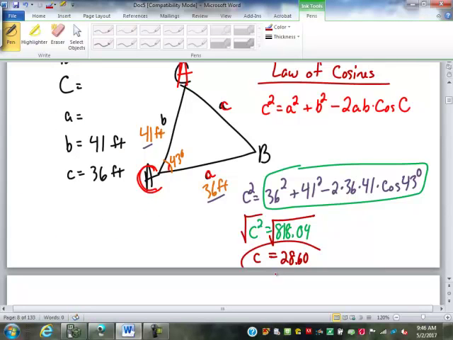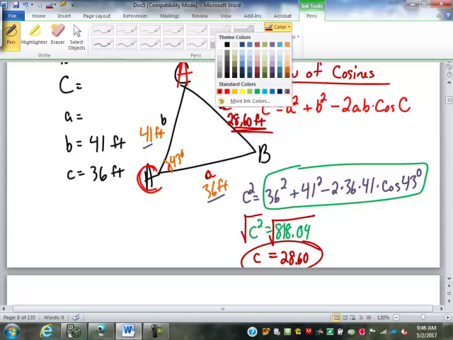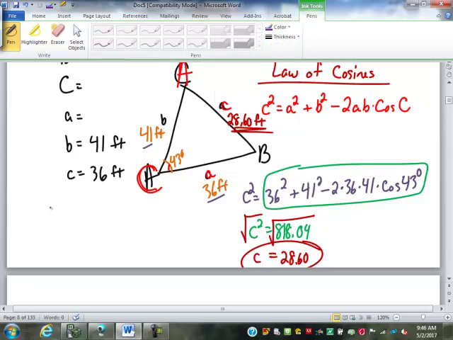So c is 28.60. Now that I have that, guess what? I now have a side and its opposite angle. I have the 28.60 over the sine of 43.